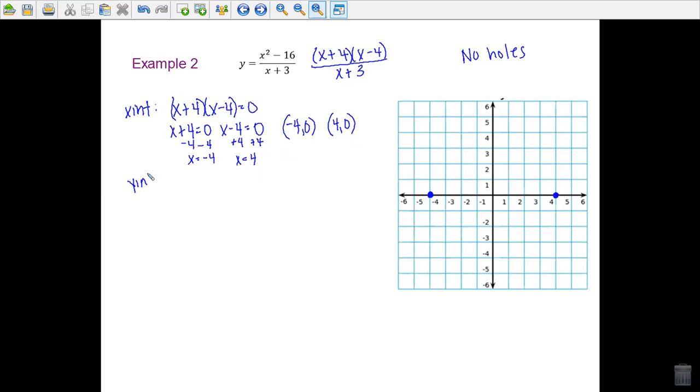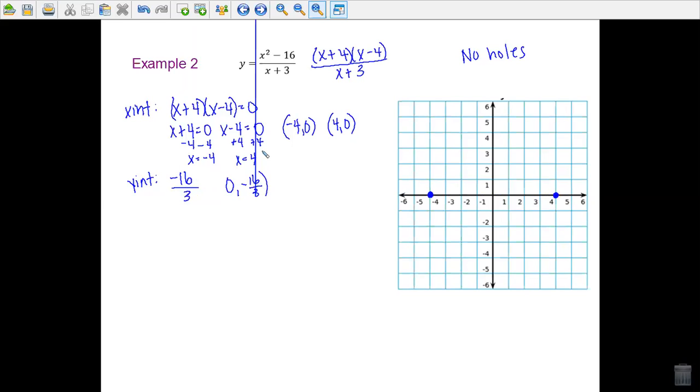Then move on to the y-intercept. The y-intercept is where I'm going to divide my constants. So the constant that's up top is that negative 16, and on the bottom, positive 3. I can't simplify the 16 over 3, so I'm just going to write my answer as negative 16 thirds.